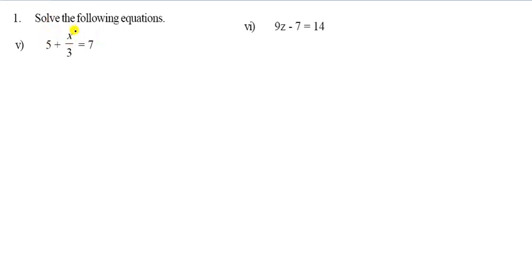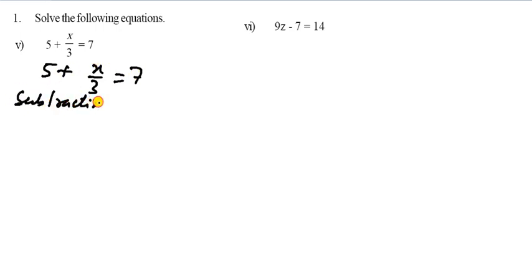Solve the following equation. Fifth part, you can write here 5 plus x upon 3 equal to 7.